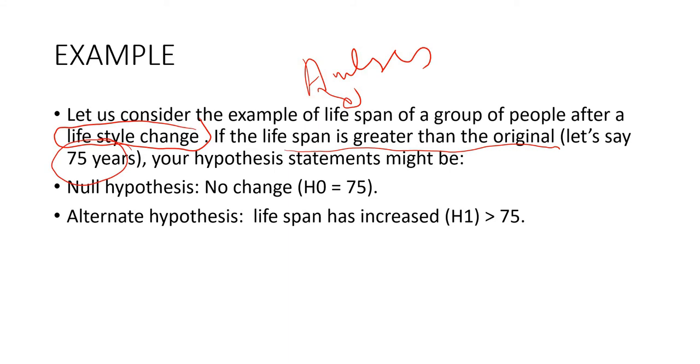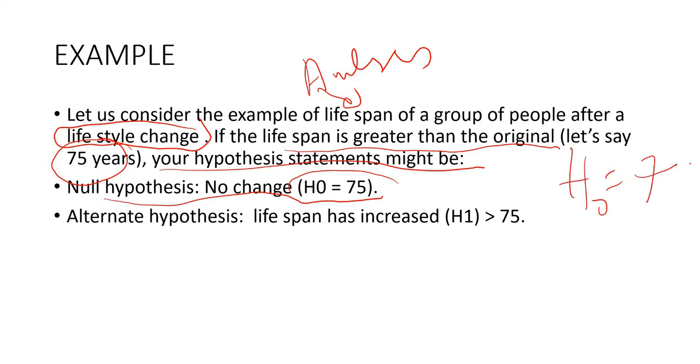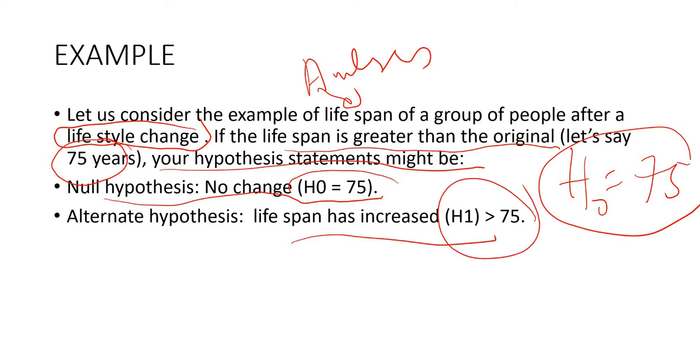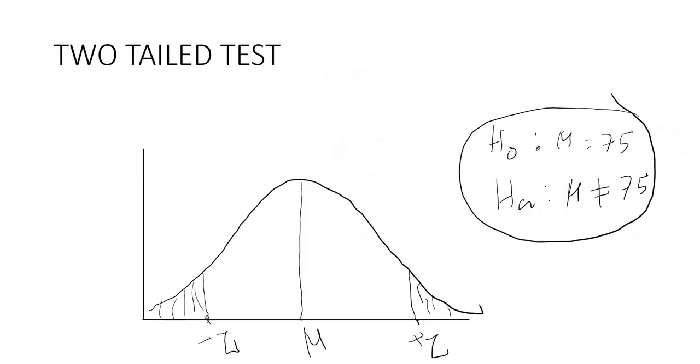This is the original lifespan. So your hypothesis statements might be: the null hypothesis is no change, H0 is equal to 75. The alternative hypothesis is that the lifespan has increased after the lifestyle change. You got it? The null hypothesis is H0 equal to 75; there is no change. The alternative hypothesis is that after the lifestyle change, the lifespan has increased.